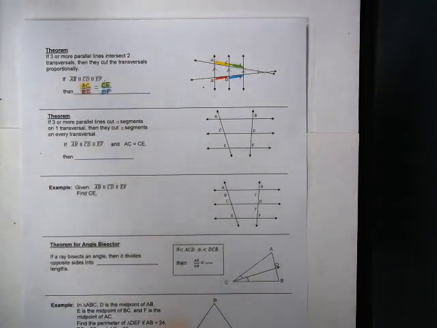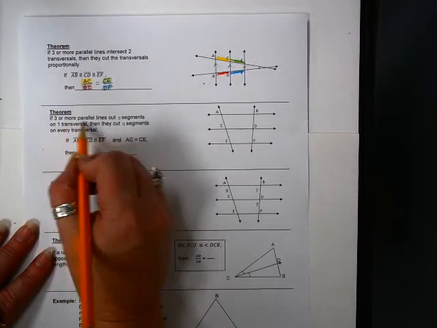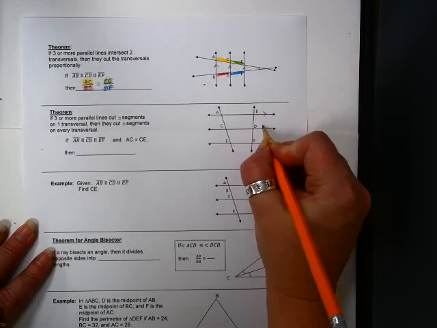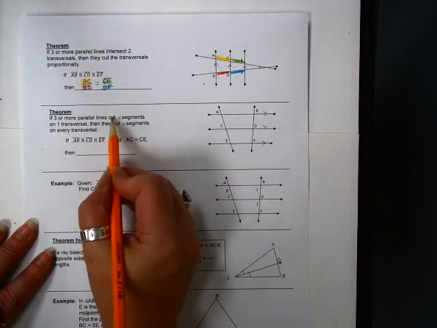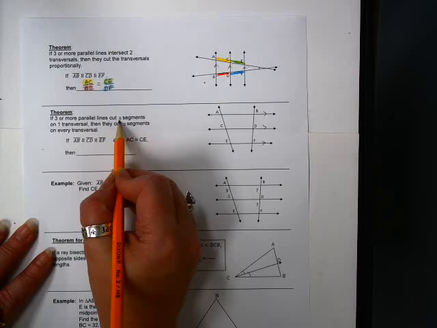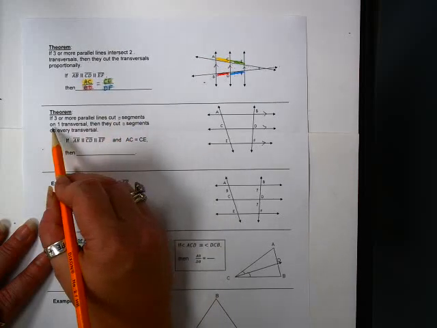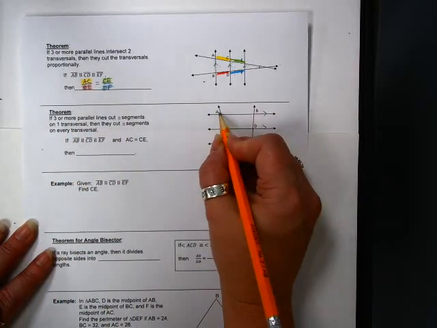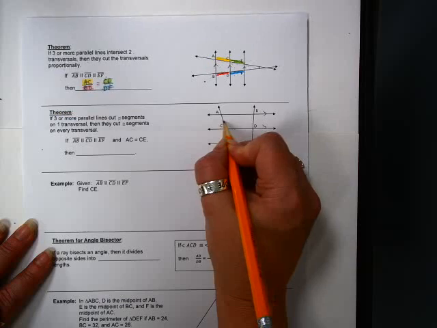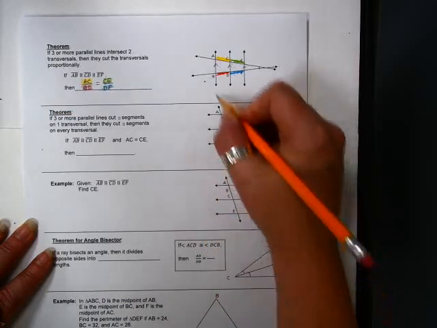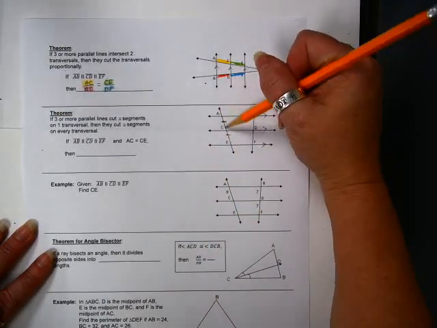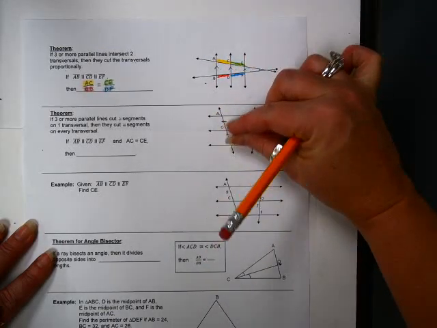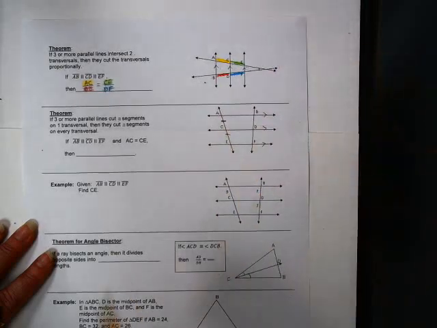Alright, the next one. If 3 or more parallel lines are cut by congruent segments on one transversal, they're saying that these are congruent. AC is congruent to CB, so congruent segments on a transversal. In other words, this transversal is going through all 3 lines in a way that makes them equal distance apart.